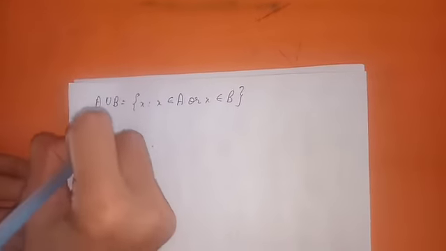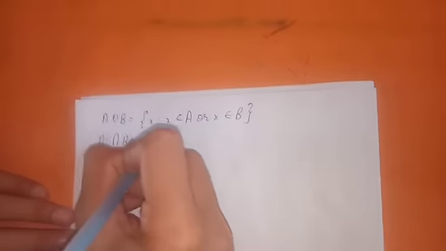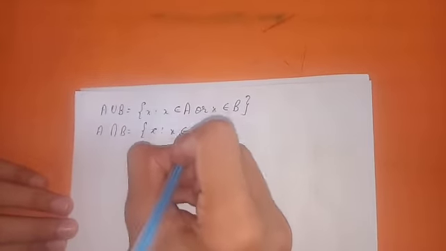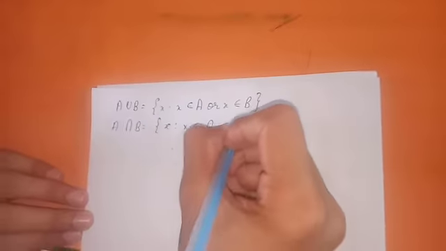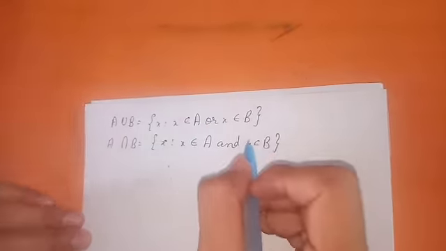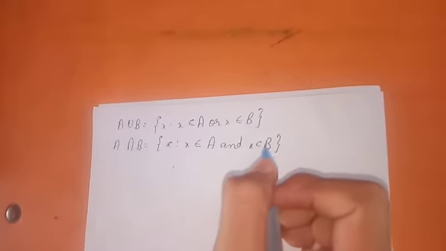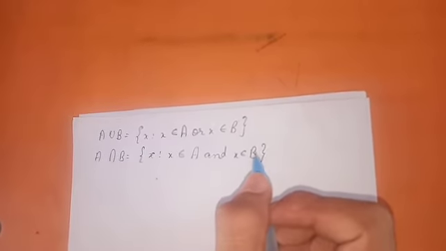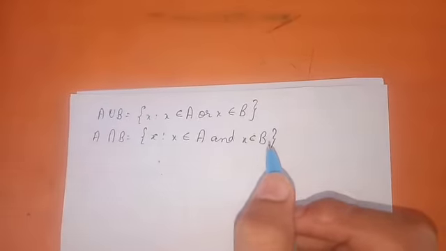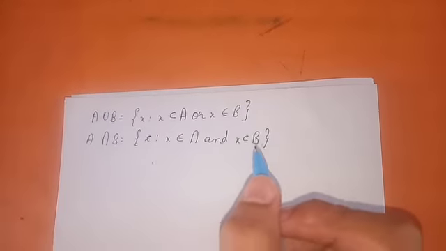And A intersection B says that X is an element such that X belongs to A and X belongs to B. That means it is necessary that the element must be included in all of our sets.